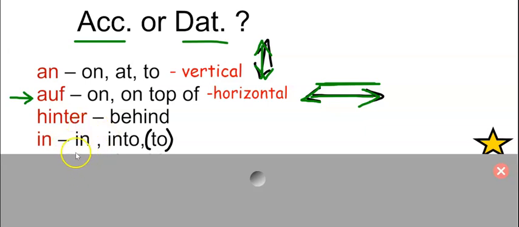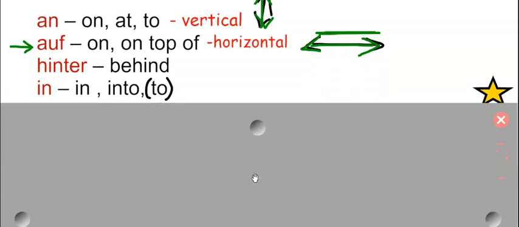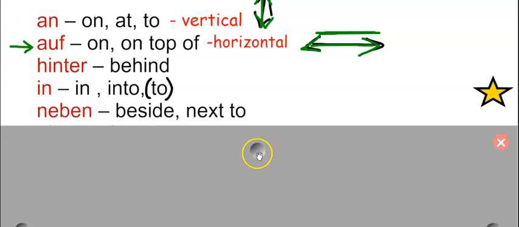So in means in or into. Neben, next to, is probably the easiest translation to remember just because of the starting letters. Or it's beside you, which means the same thing in English. An, auf, hinter, in, neben.